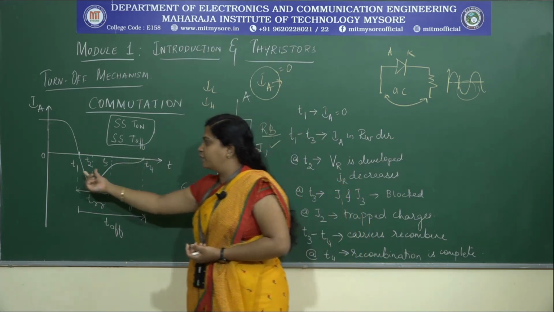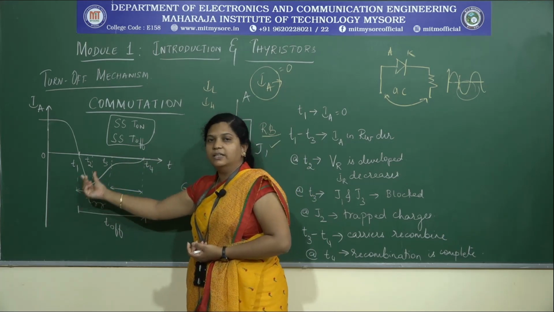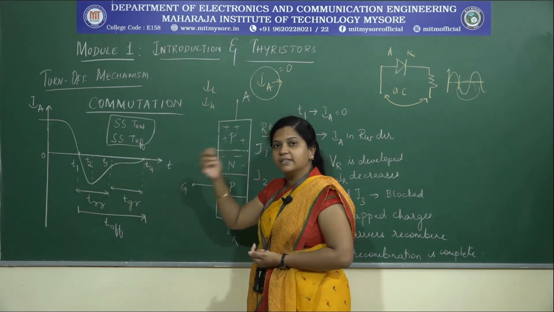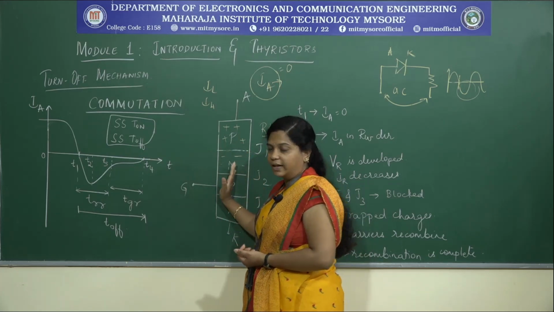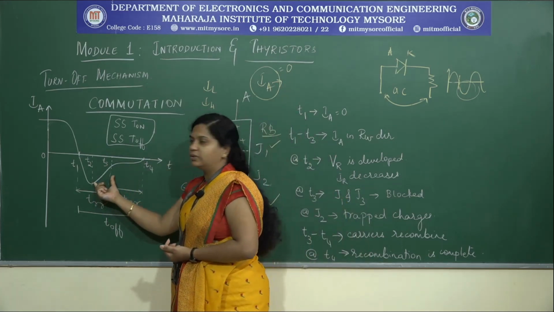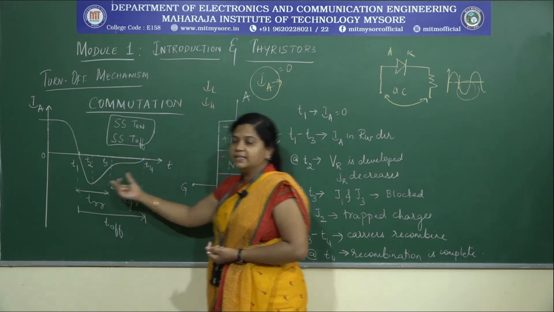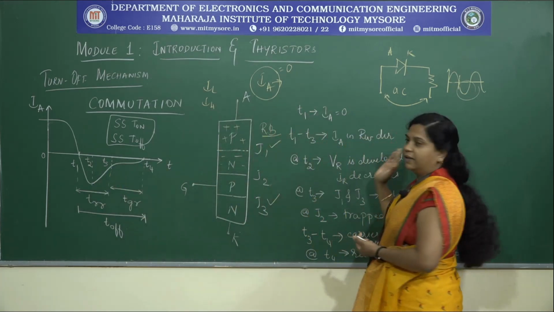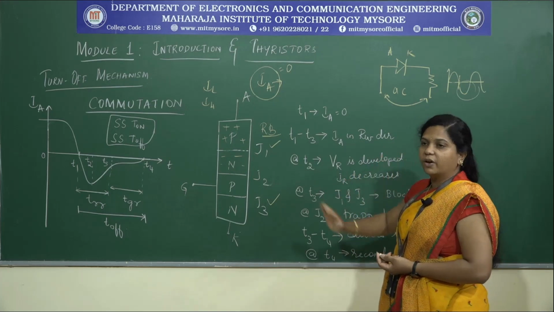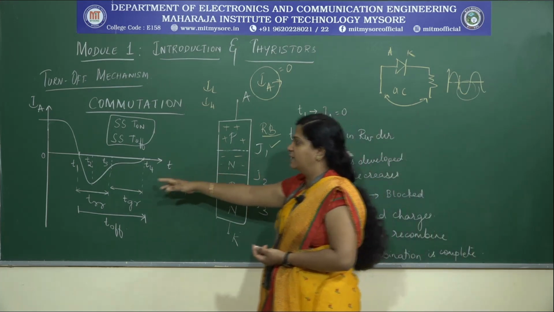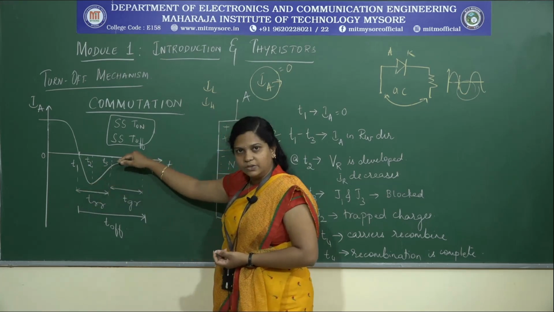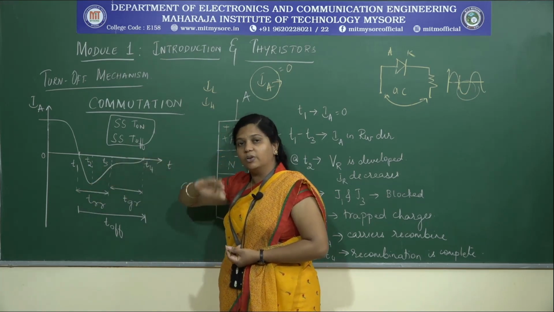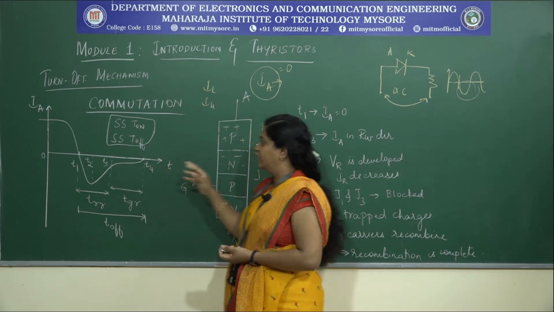So, in this period from T1 to T2, there is a current flow due to the excess minority carriers present in the 4 layers, and from T2 to T3, the current will be reduced. It keeps on decreasing, whereas the voltage will be developed here and the current starts reducing. It means it is now going to go to its off state.